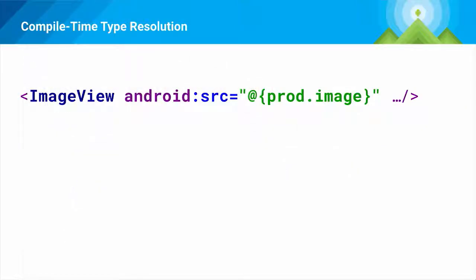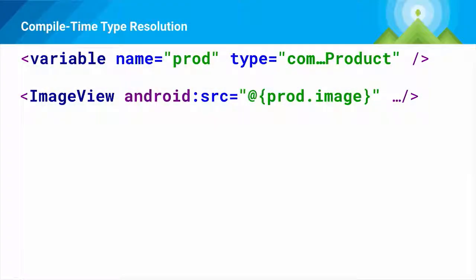So how do we do this? One important aspect of data binding is that almost everything is done at compile time. When we see an expression like this, while your Java code is being compiled, we check: this product, we know what type it is because you told us. Now product.image: product has an image field or an image getter.